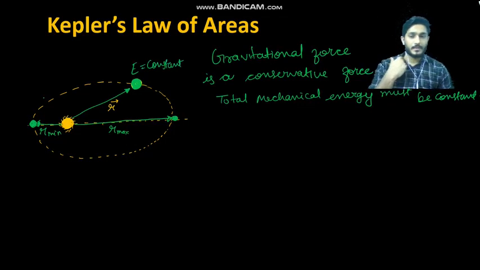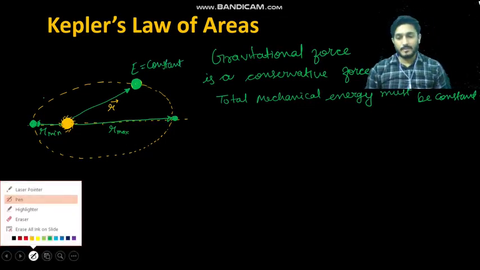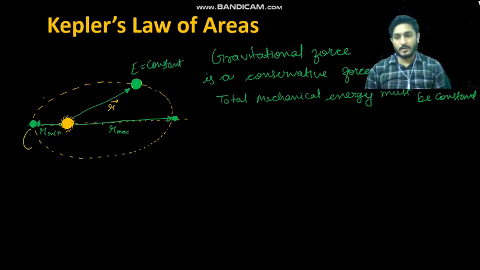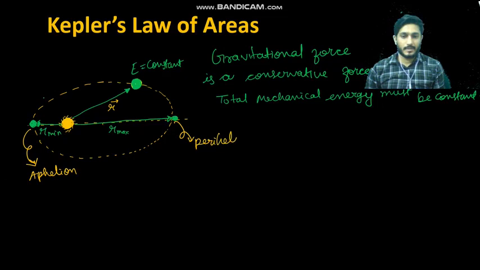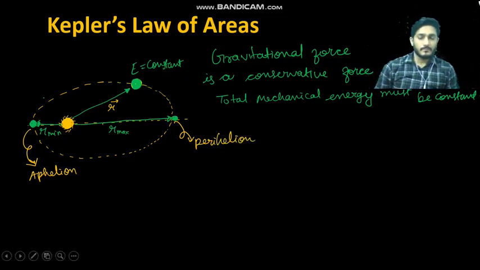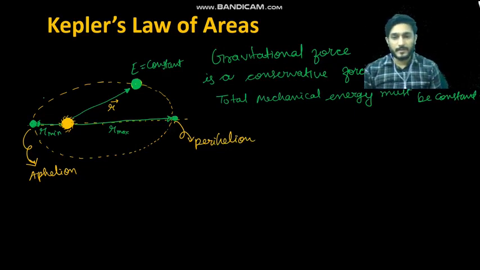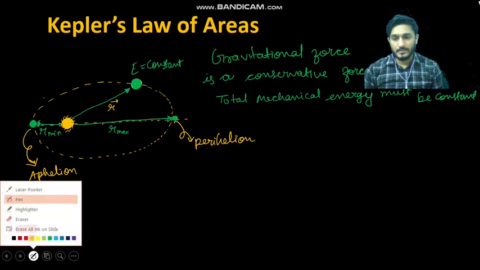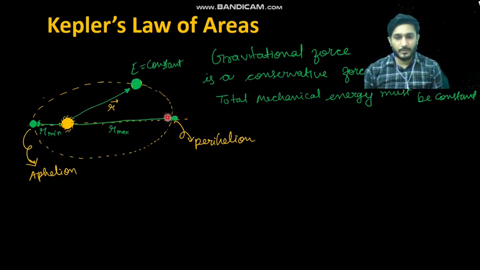Okay, we are going to study two special points. The closest one is called perihelion, and the farthest one is called aphelion. At these two points, we have deduced that omega at the point of maximum separation was the minimum, the slowest angular velocity, and at the other point it was fastest.